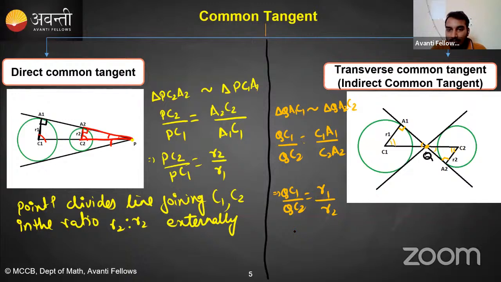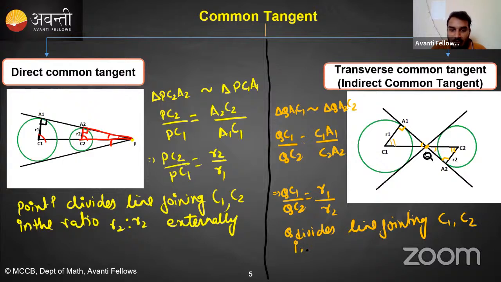So you can say that Q divides the line joining C1 C2 in the ratio R1 is to R2.